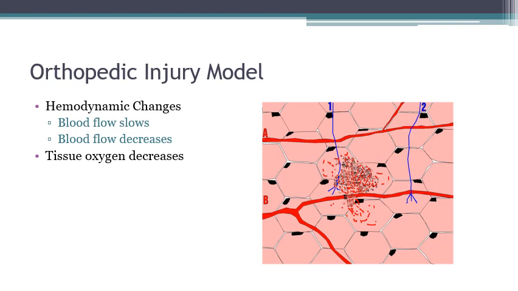Now, the concern here is for the healthy cells in the area. As you're looking at this picture, you can see not all the cells around here are affected. It's only the initial damaged cells. However, that's going to change through the process of what we call secondary injury. This is something we're going to expand upon a little bit more in this discussion that we didn't talk about quite as much.